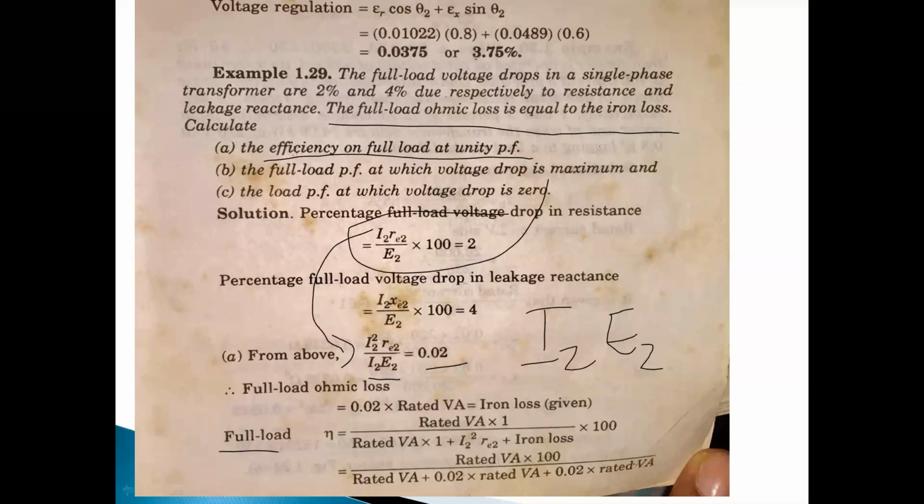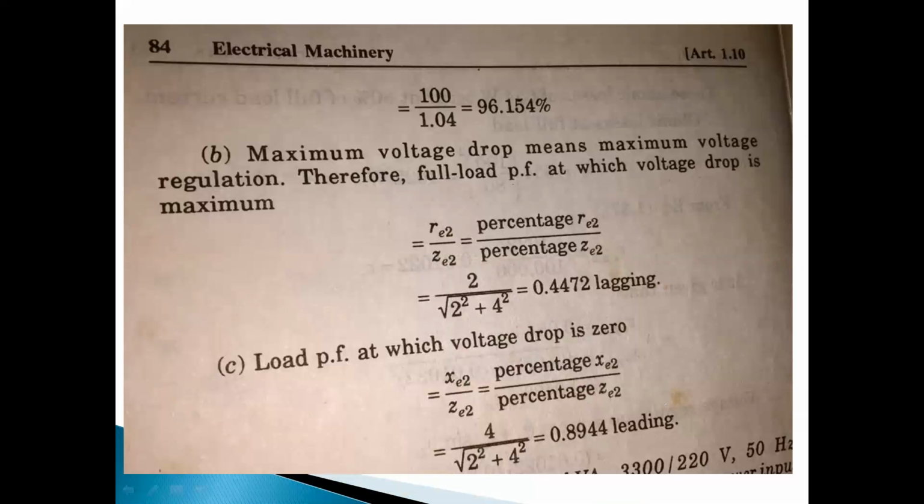The copper loss I2 square R equivalent equals the iron loss, and each is 0.02 into rated volt amperes. The rated volt amperes cancel, and the efficiency is 96.1%.